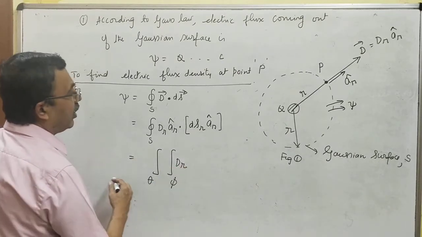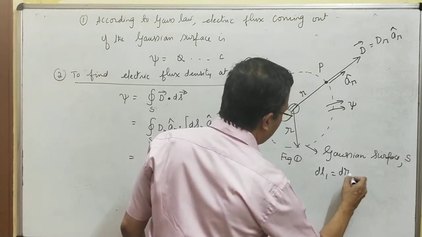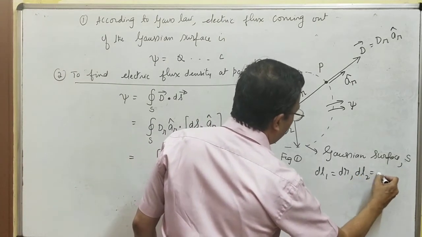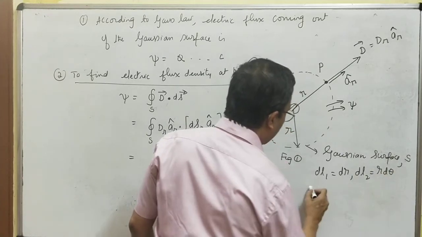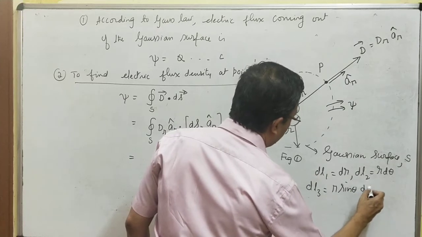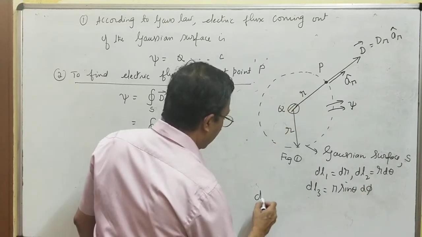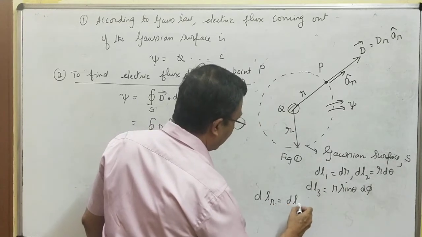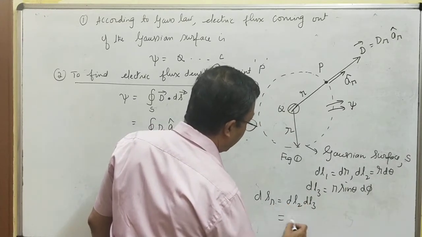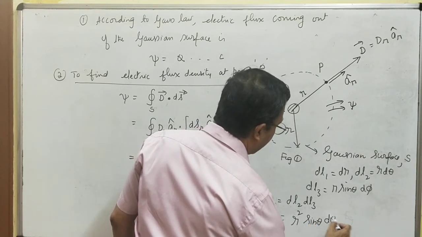Dr, what is dSr? dl1 is what? dr. What is dl2? dl2 is r into d theta. What is dl3? r into sin theta d phi. Therefore, dSr is equal to dl2 into dl3, which is r square sin theta d theta d phi.